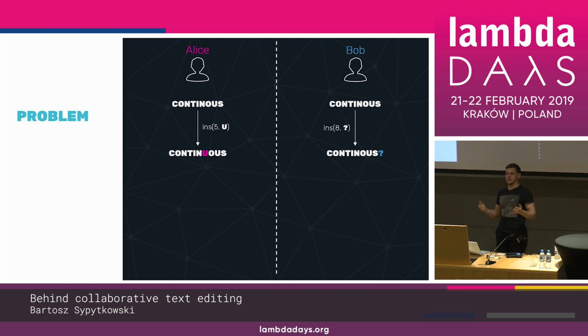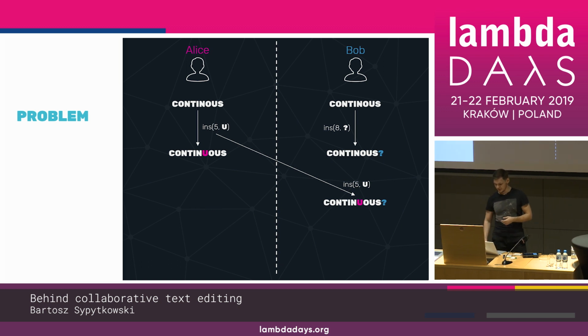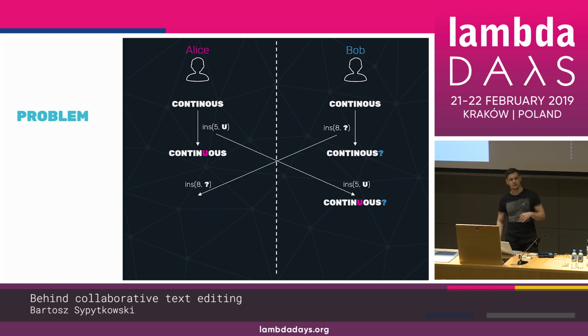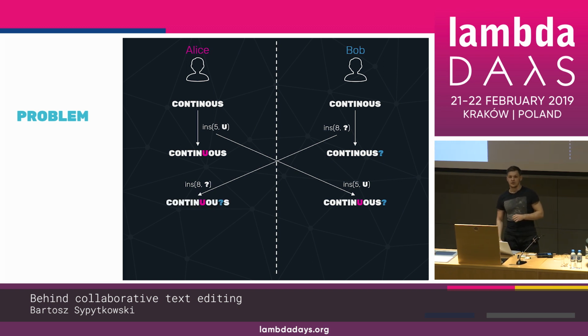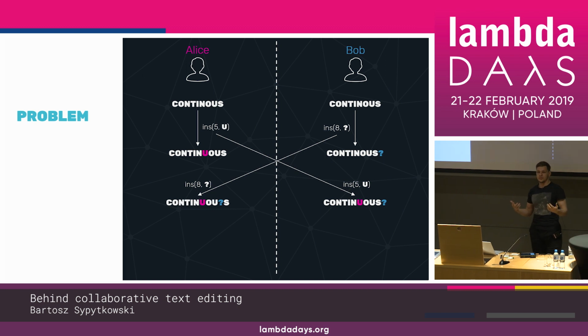They are first making those changes locally on their own replicas. Everything went fine. However, at some point in time, they need to replicate those operations to one another. So we'll start with Alice. Her operation is replicated to Bob's computer, and we end up with a fairly consistent state. However, when Bob wants to replicate his operation to Alice, we end up with a different state.